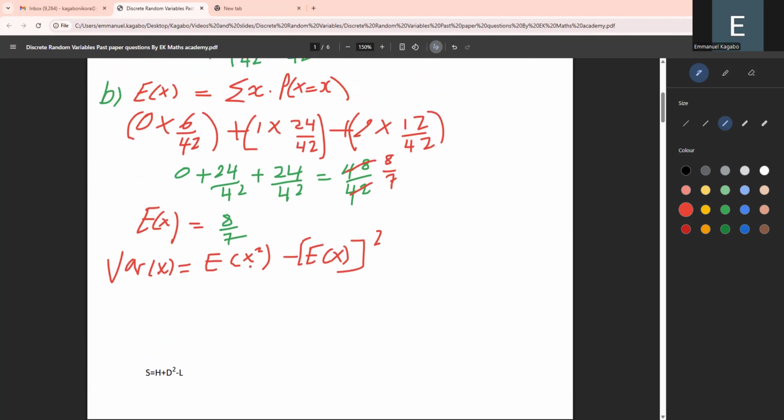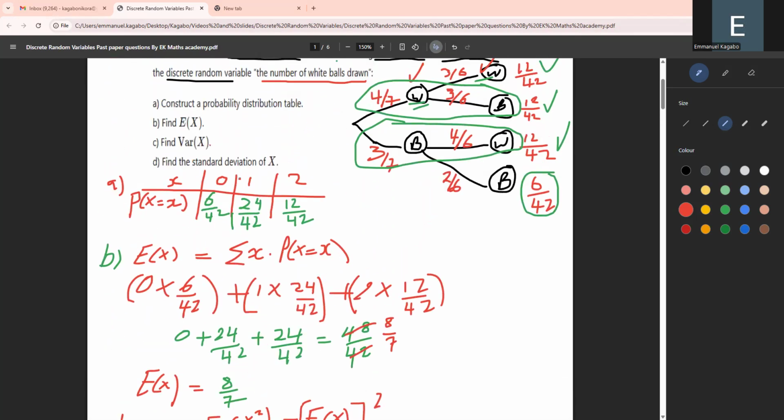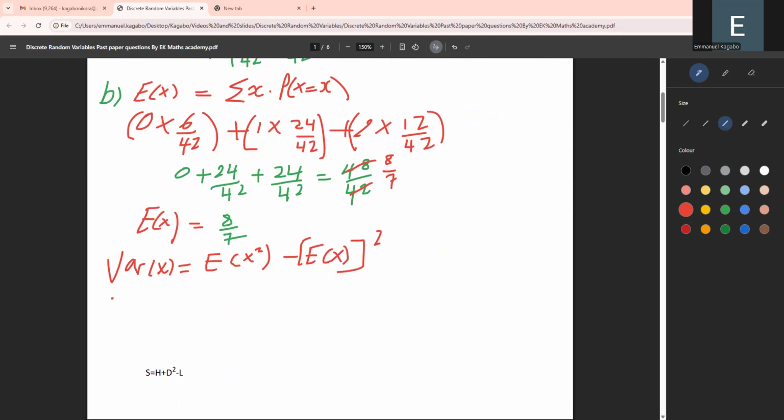As you see, it's x squared. What's my x squared? My x values are 0, 1, and 2. Those are the ones I need to square. So can I start by looking for x squared? So it's going to be 0 squared times the probability corresponding to that. That is 6 out of 42. I hope you understand what I'm talking about.